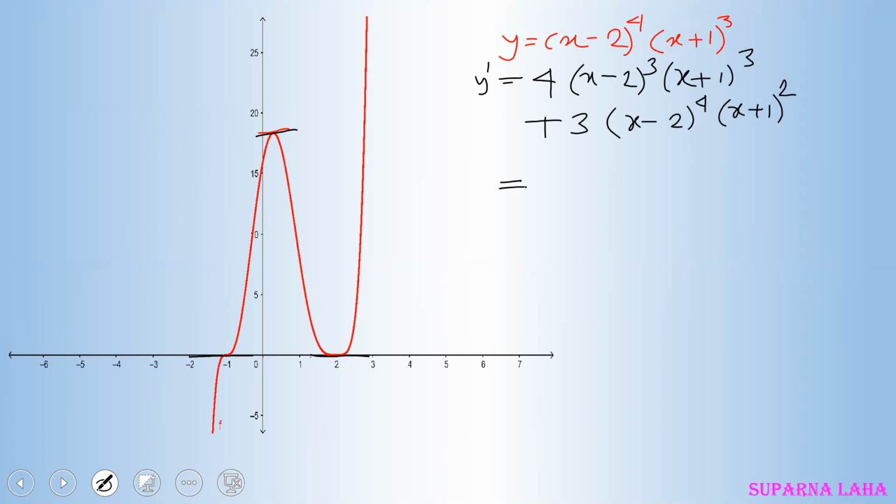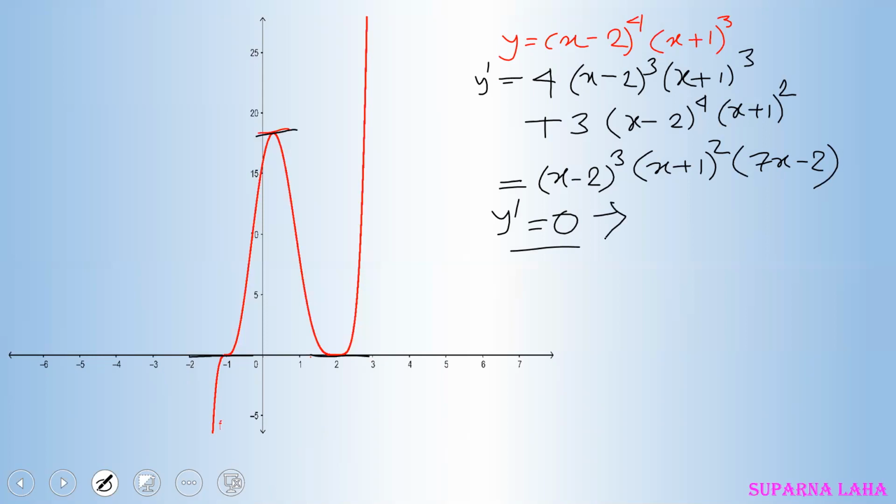Now simplify it, and you will find (x minus 2) whole cubed into (x plus 1) whole squared into (7x minus 2). So if y dash is 0, that implies these three points: x is equal to 2, x is equal to minus 1, or x is equal to 2 upon 7.